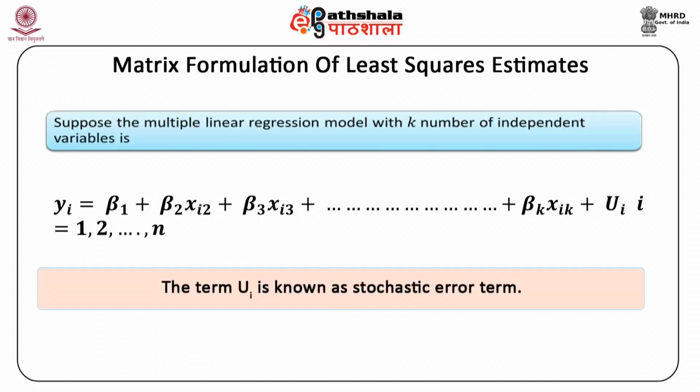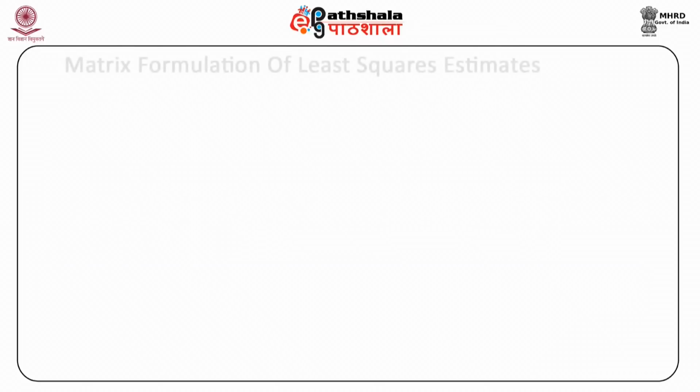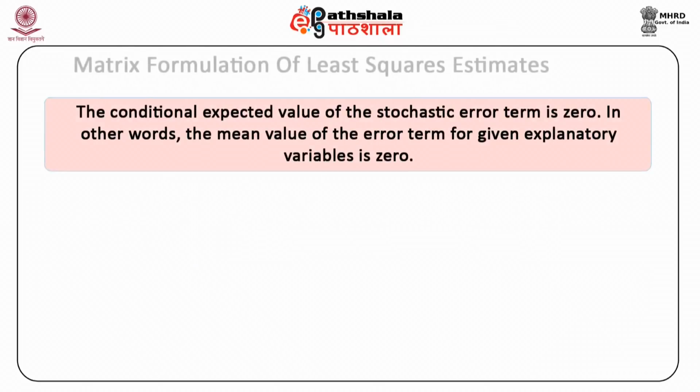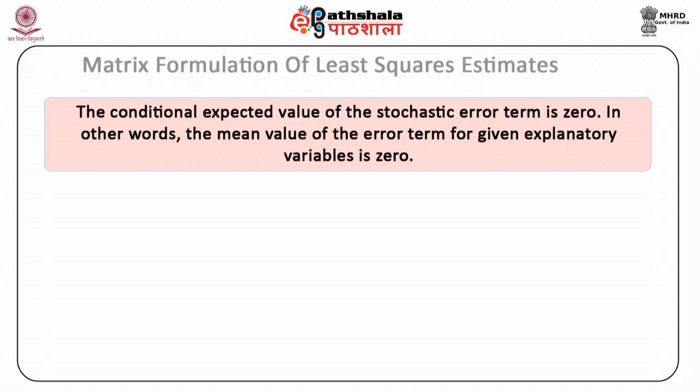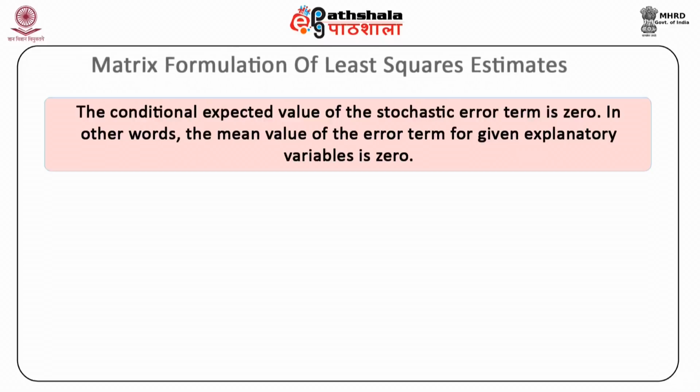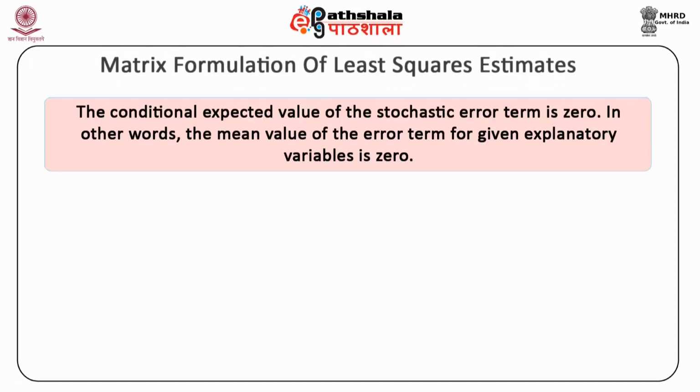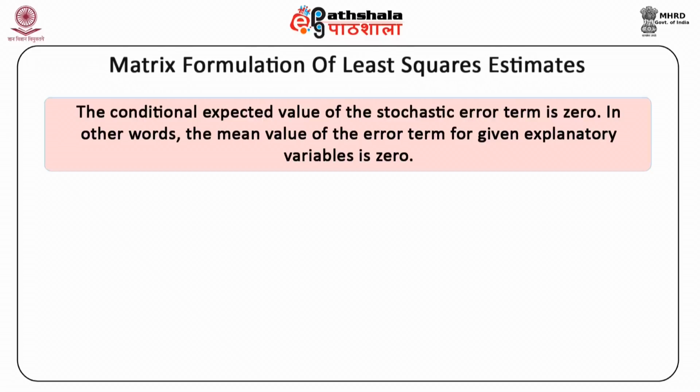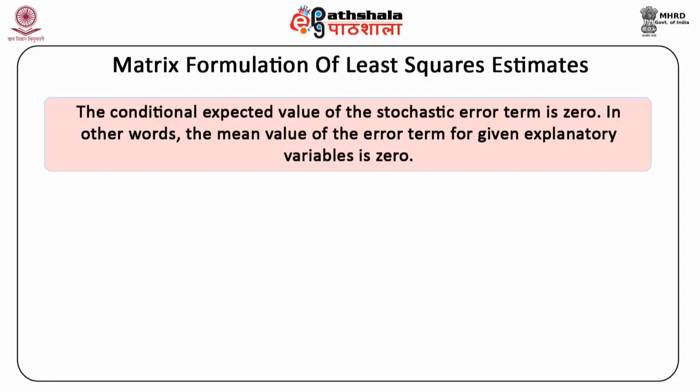The term ui in this equation is known as stochastic error term. The conditional expected value of the stochastic error term is 0. In other words, the mean value of the error term for given explanatory variables is 0. We can write it as expected value of ui given xi is equal to 0 for all i.